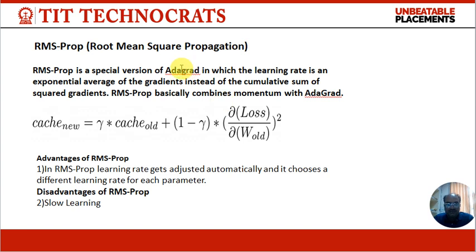If I talk about Keras in Python, the value of lambda is fixed to 0.95. So the advantages of RMSProp: the training rate gets adjusted automatically. It chooses a different learning rate for each parameter. The disadvantage is slow learning.